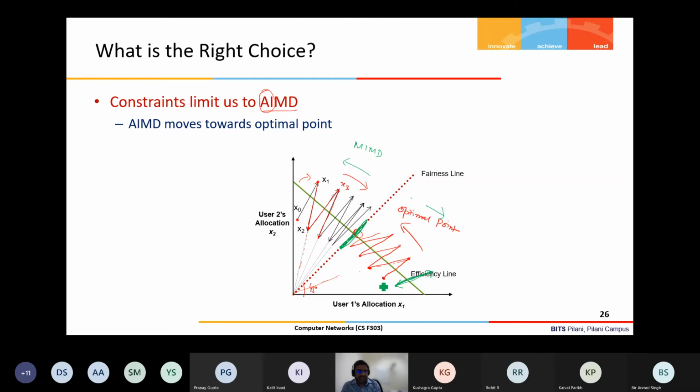I will always, in some number of iterations, reach the optimal point. And that is the reason behind choosing AIMD as the congestion control function for TCP, right?